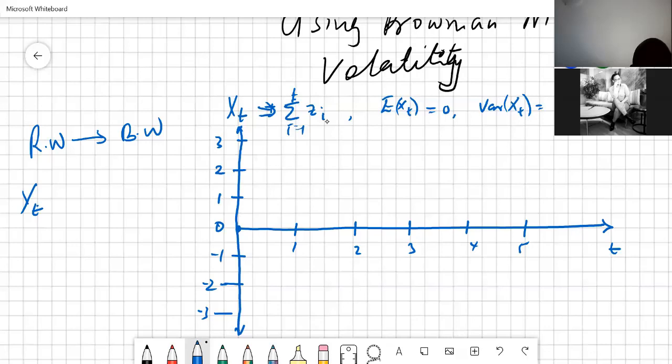So the random walk X5 is the same as Z1 plus Z2 plus Z3 plus Z4 plus Z5, at time 1, time 2, up to time 5.